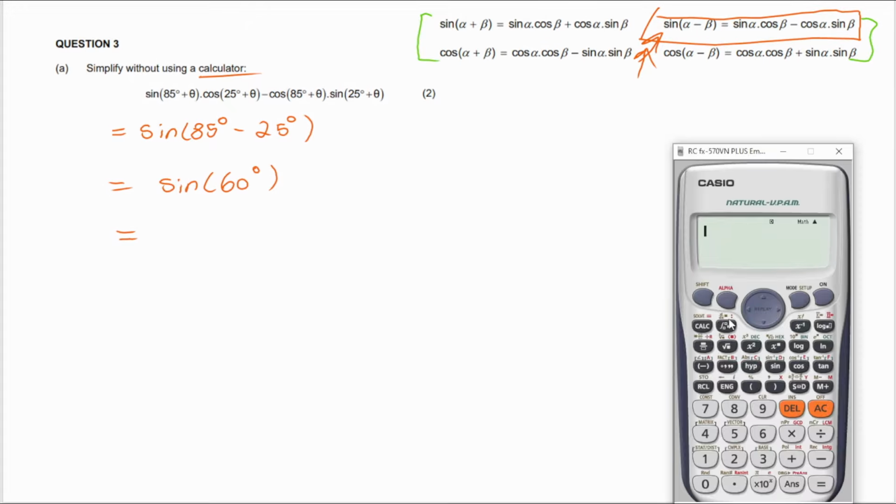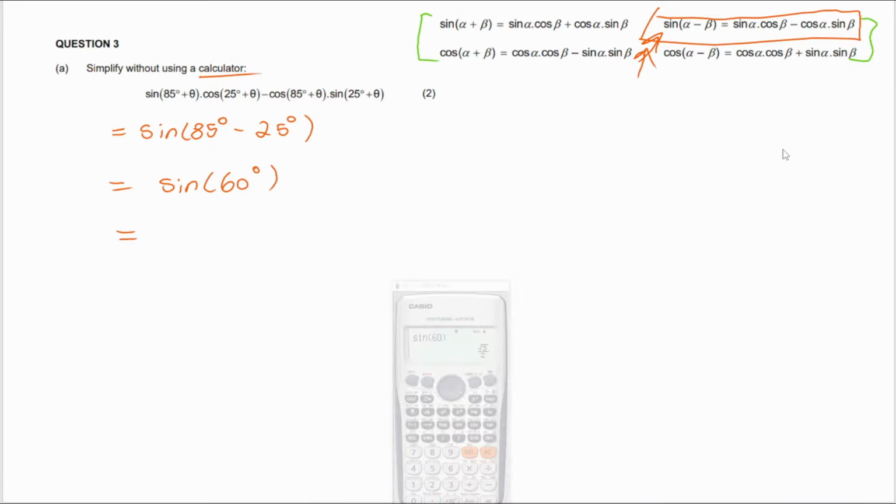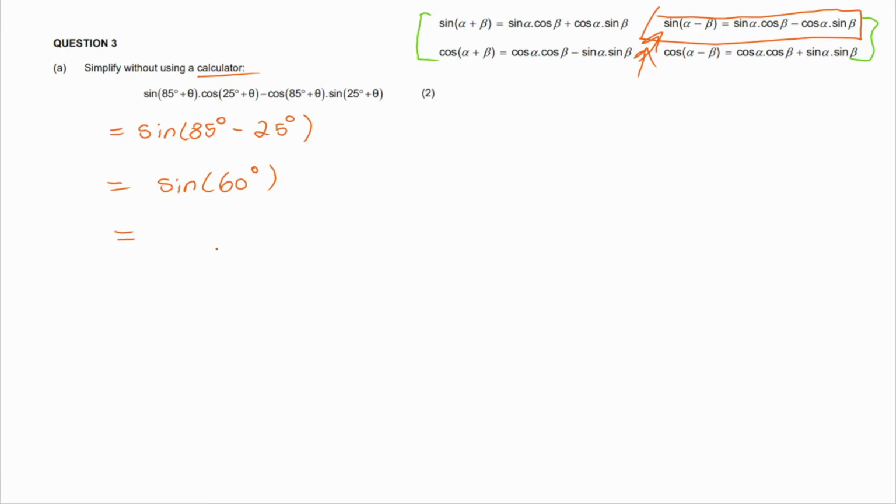So sine of 60 is just √3/2. From this point they won't be able to tell if you know your special angles off by heart or not, so you can use your calculator at that point. So we get that. Cool. All right, next question, let's simplify this.